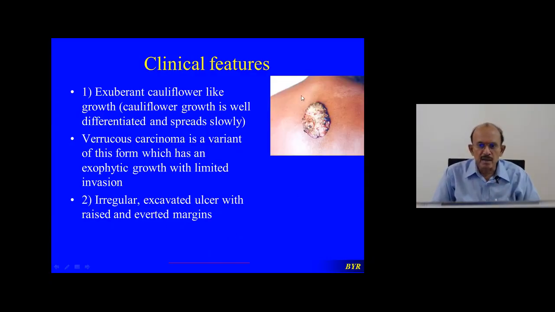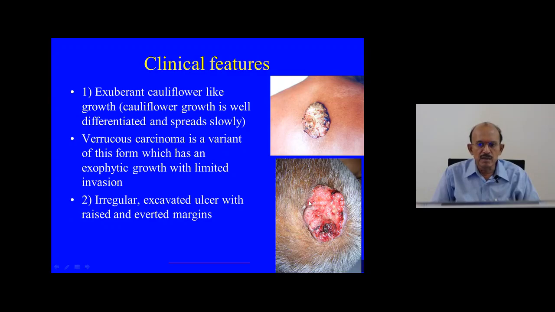So it can manifest like a hyperkeratotic mass-like lesion, like a cauliflower lesion, or like an ulcerated lesion with everted margins. So squamous cell carcinoma can manifest in two varieties, exuberant or excavated ulcer-like. Out of these two types, which gives better prognosis?